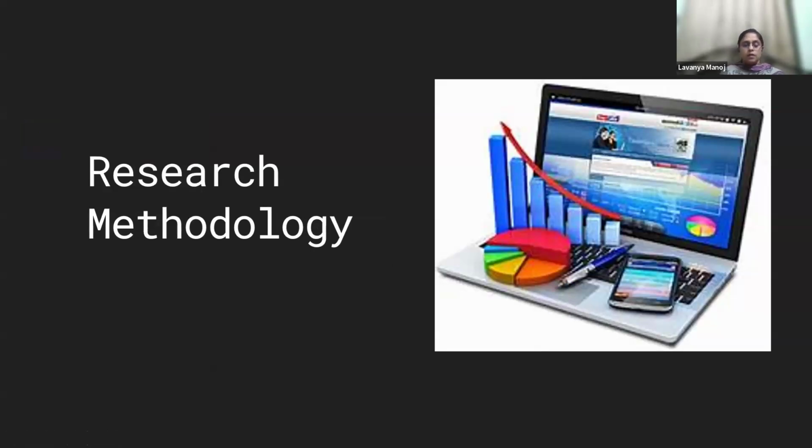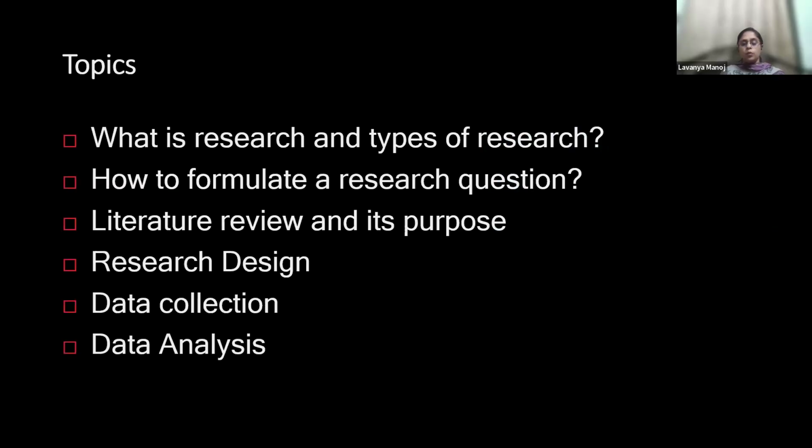Let's see the other factors to be considered while going for research. We started with what research is, the types of research, and how to formulate the research questions. Last week we saw what a literature review is, its purpose, and what factors have to be considered while doing it.